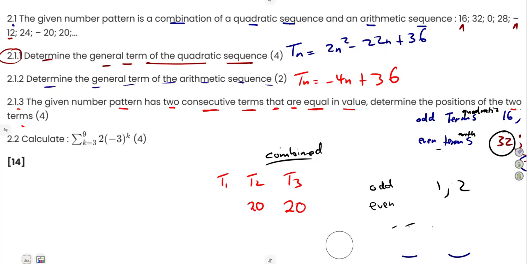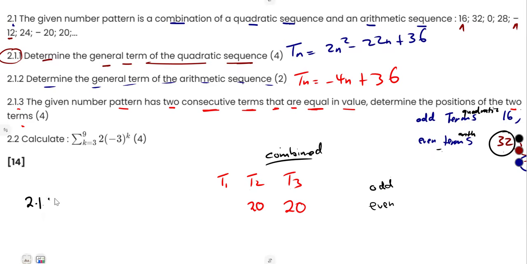So we cannot have both odd or both even terms. It means one of the terms must be odd and the other one must be even. But they are equal now. That odd and even term, they are equal. This is what we are told.